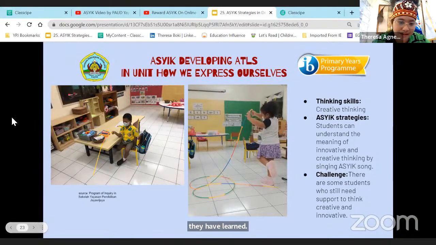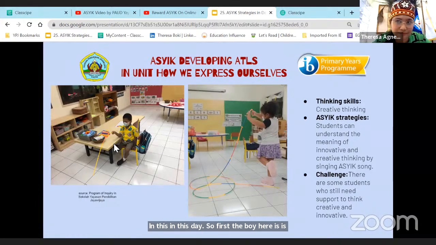So first, the boy here is making something like a fishing tool, and the girl is actually just engaged, wow, and inquired to innovate, to think innovatively, to make from the fishing tool into a snake.